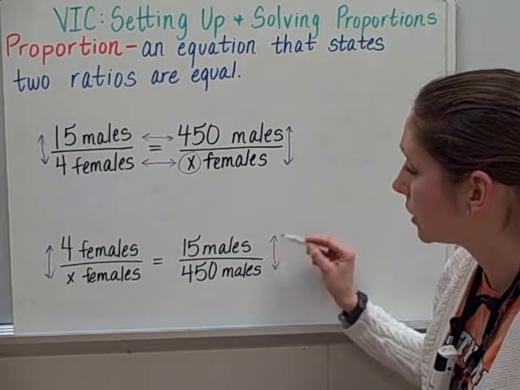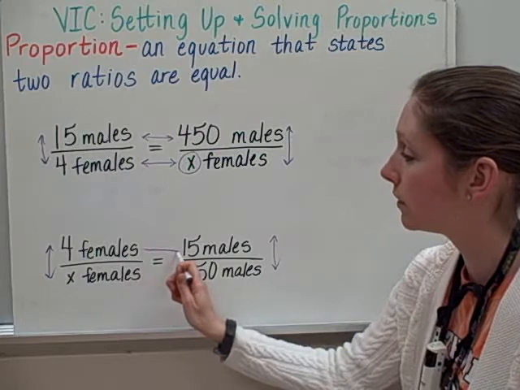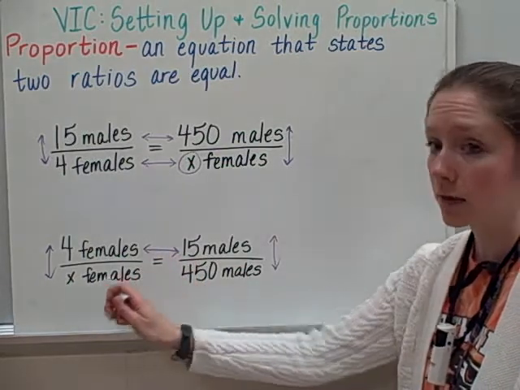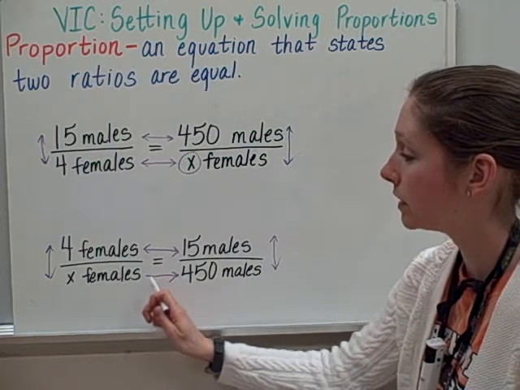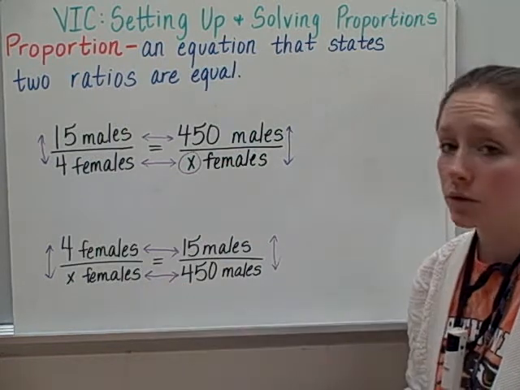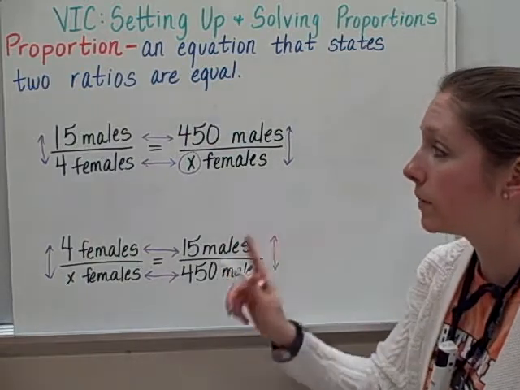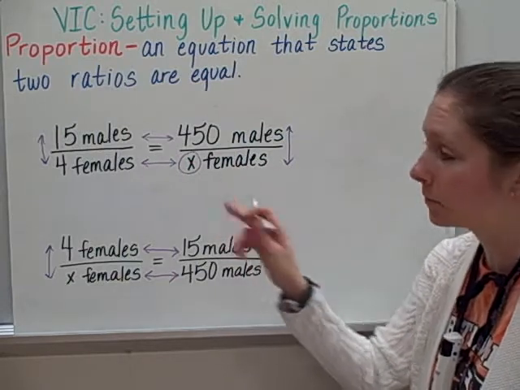It also matches horizontally. There are 4 females for every 15 males, and there's X females for every 450 males. So these are 2 correct ways to set it up, but notice I have to make sure that it matches up and down and across.